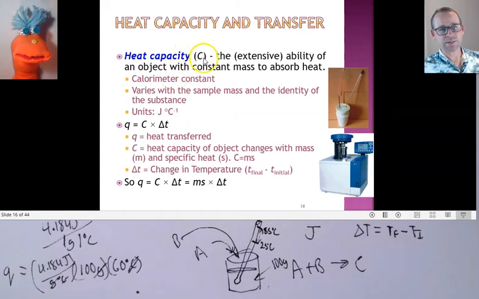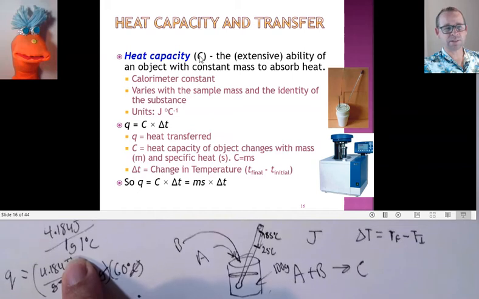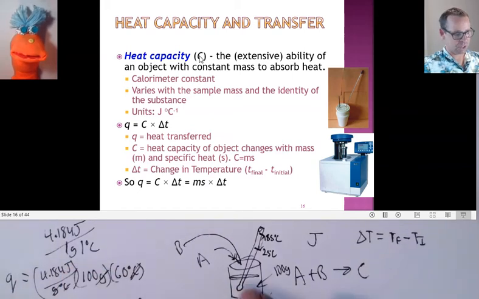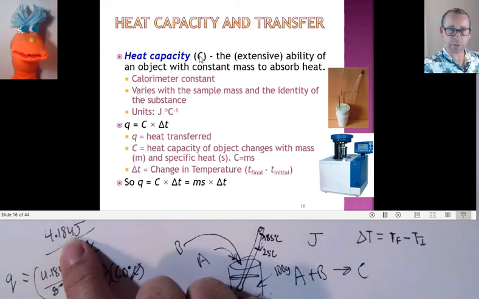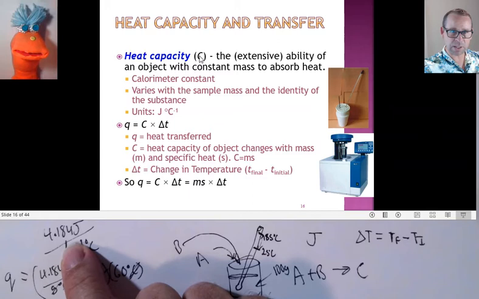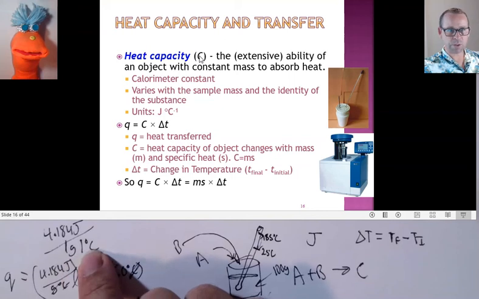Now the heat capacity, kind of like 4.184, is not for a general cup of water, but that's 4.184 joules for every gram of water. So we call that a specific heat, but it's the same type of thing. It's telling us how much energy it takes to raise 1 gram 1 degree Celsius.